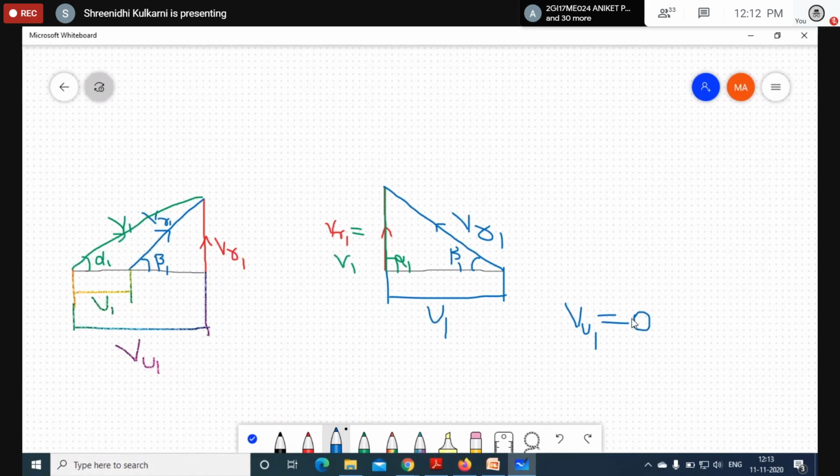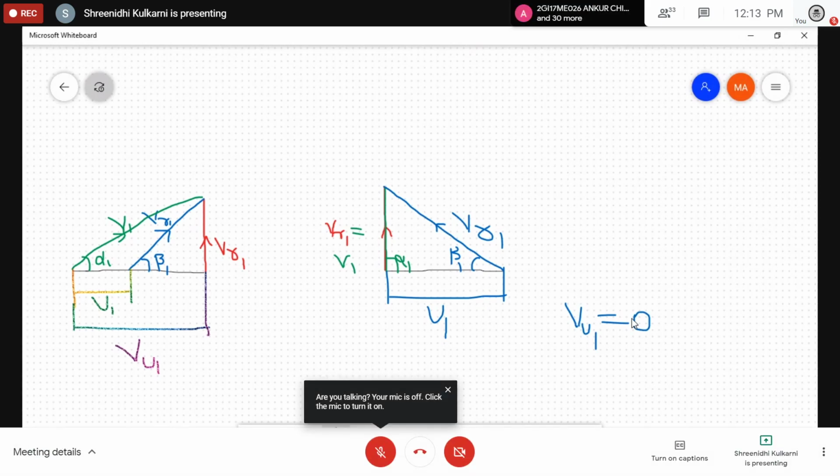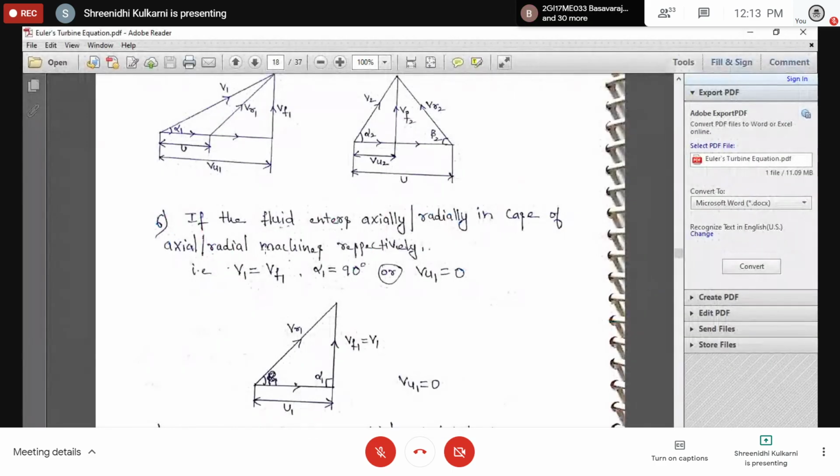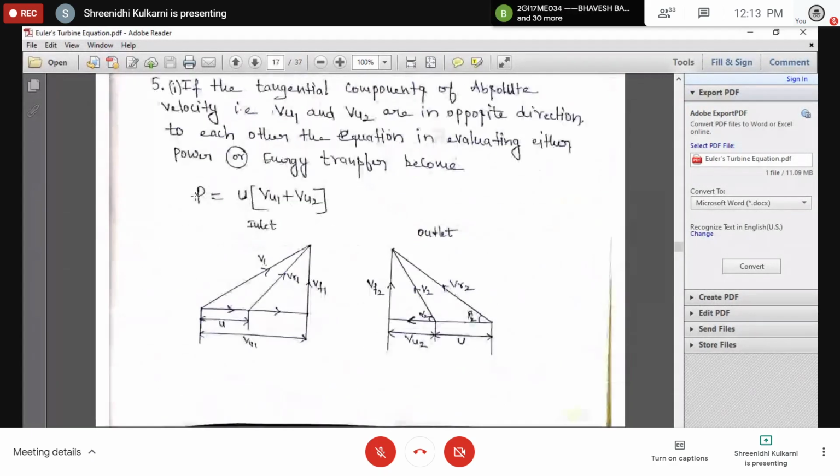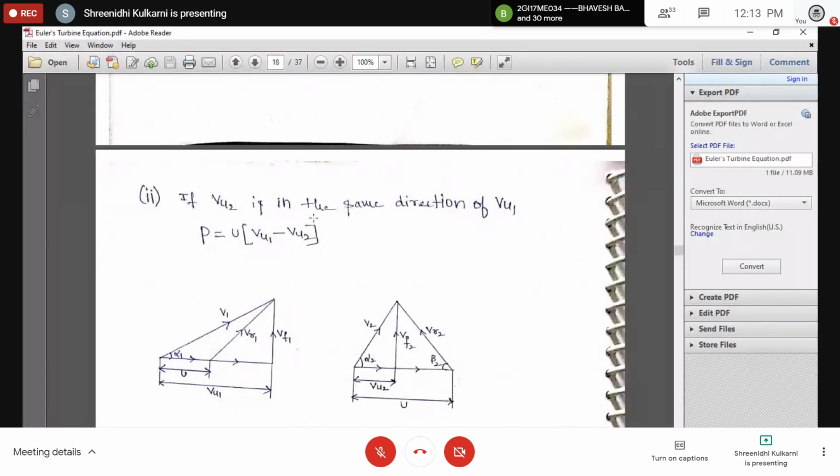Sir, explain once again, sir. I did not understand. Sir, can you explain this concept once again? See, last class I completed up to here, because I told clearly, if you understood how to draw the velocity triangle, see, these are the hints.